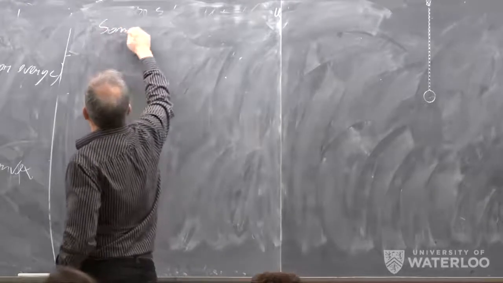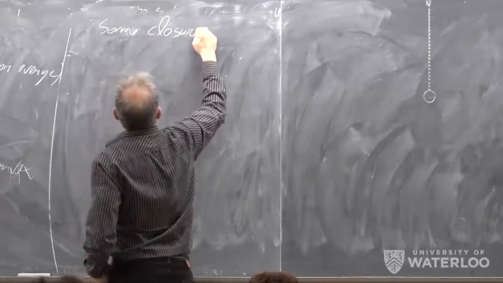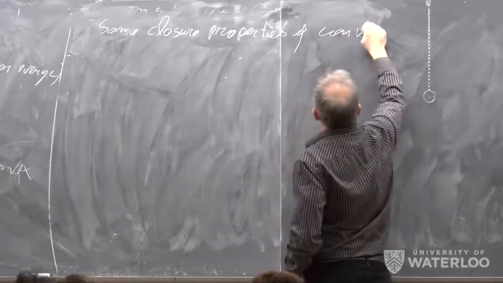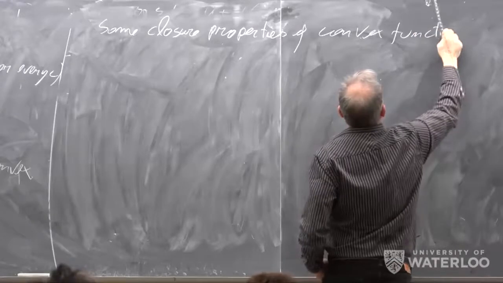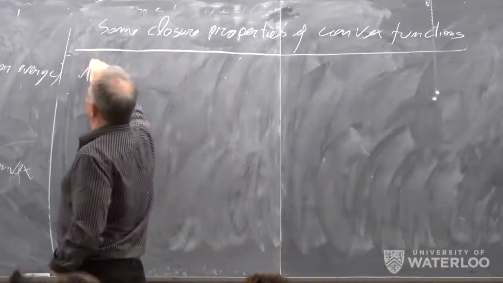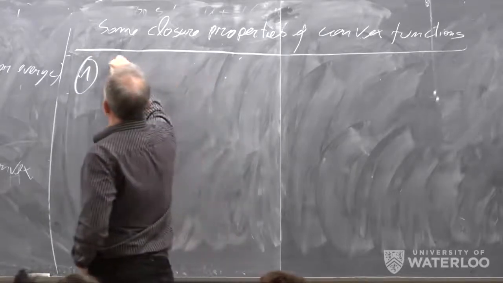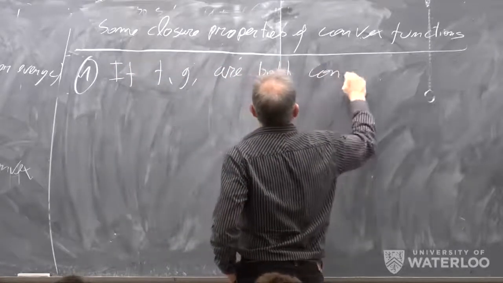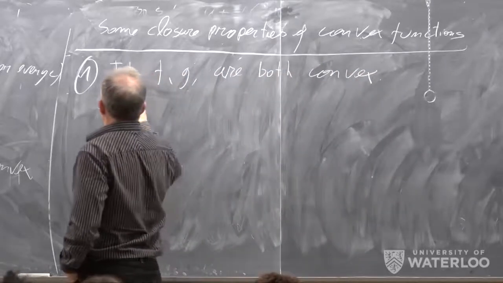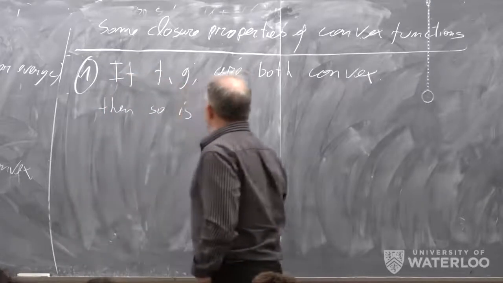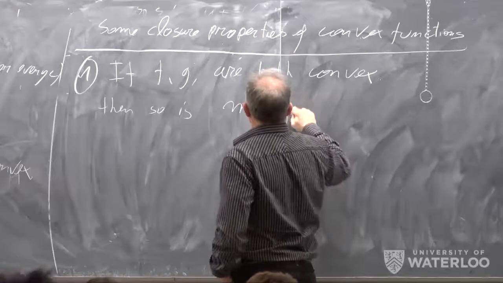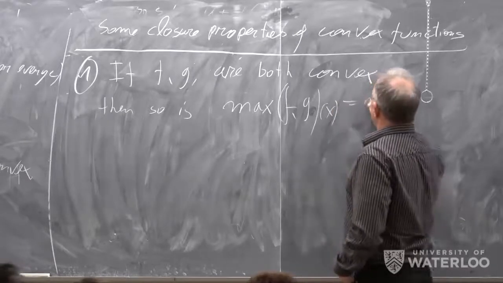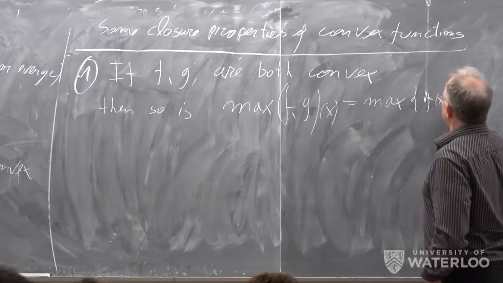So the first one, which is nice, is that if f and g are both convex, then so is the max of f and g, which is defined as the maximum of f of x, g of x at every point x.